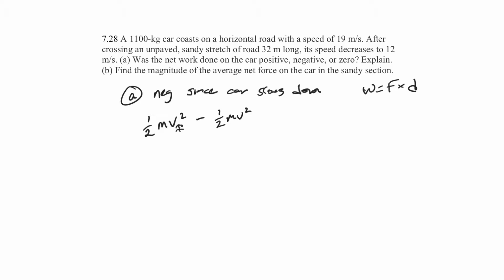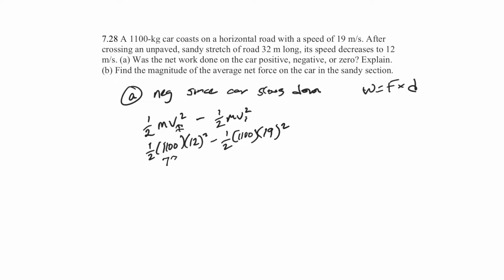So we'll start out here with 1/2, and the mass is going to be 1,100 times 12, squared, and then we'll do it again, 1/2 times 1,100, and then it was originally, this is initial, 19, and it gets squared.